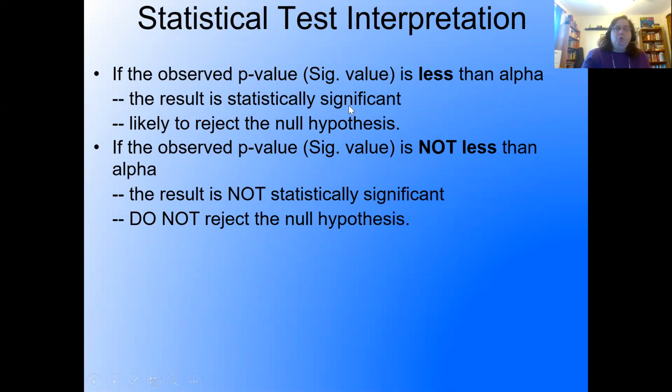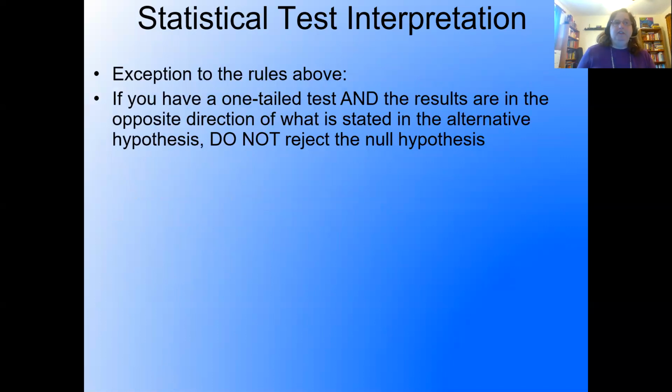Okay, so with ANOVA, you could get rid of the likely. You can just say reject the null, because with ANOVA, we're only looking at two-tailed tests. So for any kind of ANOVA, if the observed p is less than alpha, it's statistically significant and you reject the null. If it's a correlation or regression, then you got to look at if it's one-tailed, and if it's one-tailed, you got to look and see if it's in the correct direction.